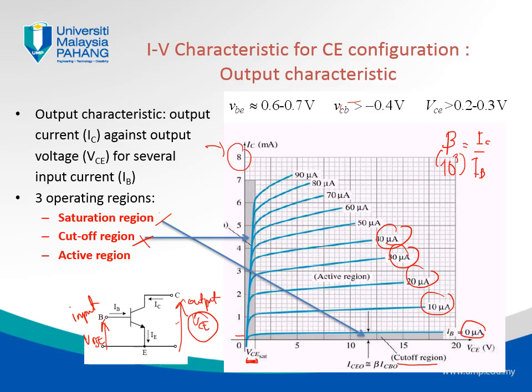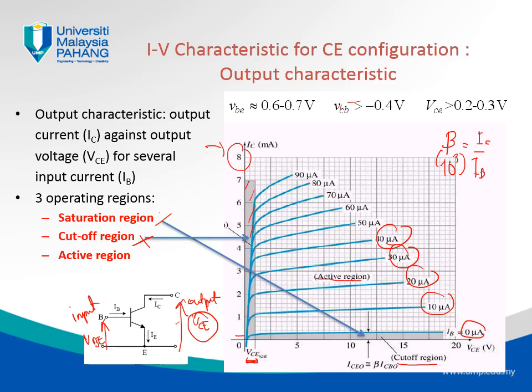So what happens when our VCE is too small? The amount of IC is situated in this region. The region where we want the transistor to operate is this active region.